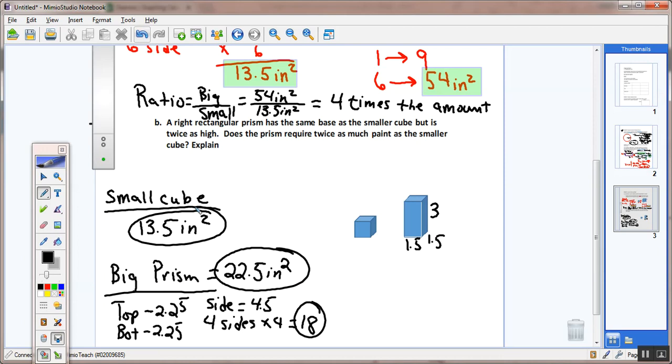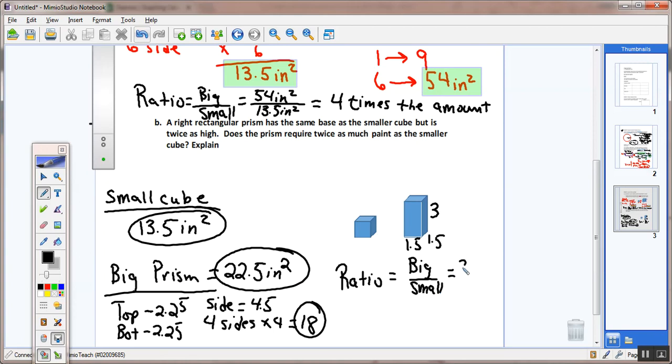So if I want to know if I am doubling the amount of paint just by changing the height, and I think I have that right, we have to look at a ratio, don't we? So let's look at this ratio of big to small. For the big prism, how much area? 22.5, right?